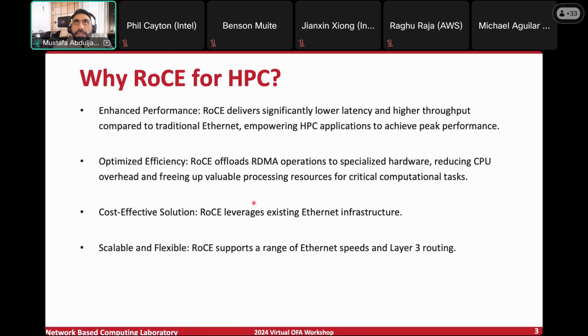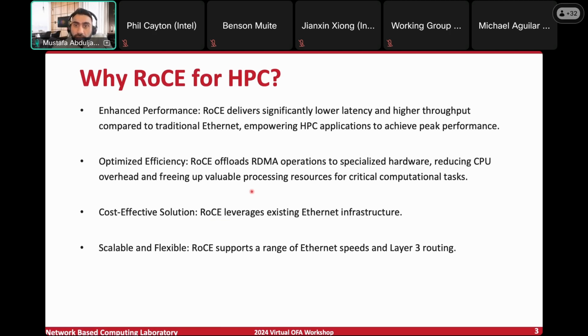So in general, RoCE is a technology of choice for HPC and AI, and there are reasons for that. Obviously, it provides enhanced performance and low latency over the conventional and existing Ethernet infrastructure, and that also implies a cost-effective solution, because whoever is building the network is leveraging existing and, in some cases, commodity Ethernet infrastructure.